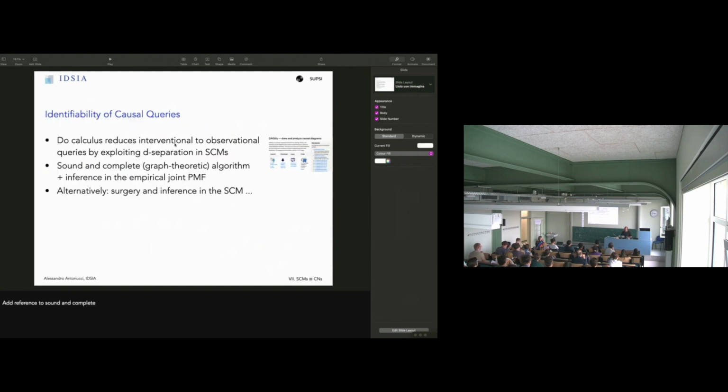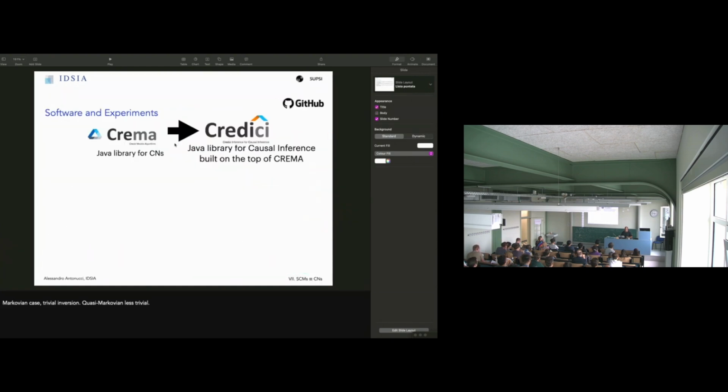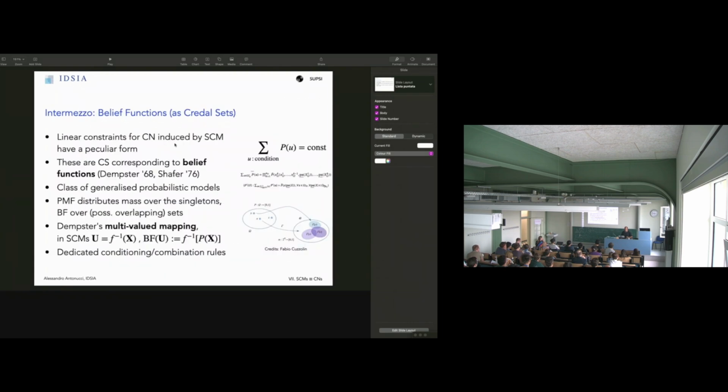And okay, let me just tell you that this strong idea, for people working with belief functions, Dempster-Shafer theory, I don't know if some of you are in this field. Belief functions can be described as a special class of credal set. So if you define for a discrete variable a belief function, you have equality constraints, which are linear constraints.